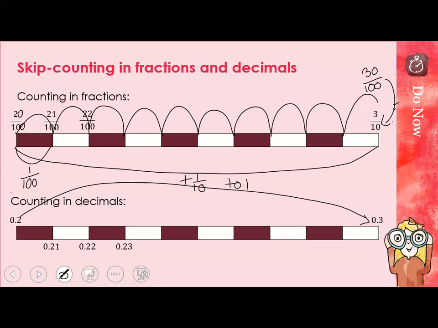Now, count along with me, please, from 0.2, adding 0.01 each time. So 0.21, 0.22, 0.23, 0.24, 0.25, 0.26, 0.27, 0.28, 0.29, and 0.3.